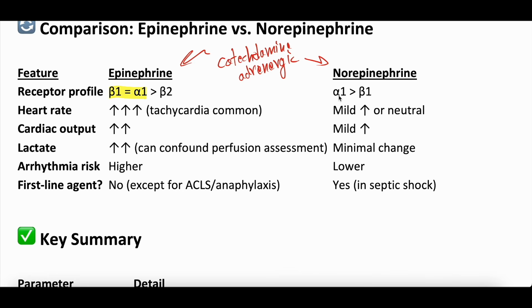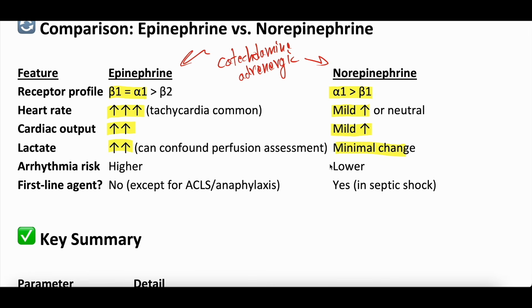Norepinephrine has alpha and beta 1, but the alpha 1 effects are much greater than the beta 1 effects for norepinephrine. Epinephrine increases heart rate. Norepinephrine maybe mildly increases heart rate, but not by much. Epinephrine increases cardiac output. Norepinephrine maybe mildly increases cardiac output, but not by much. Epinephrine does increase lactate.